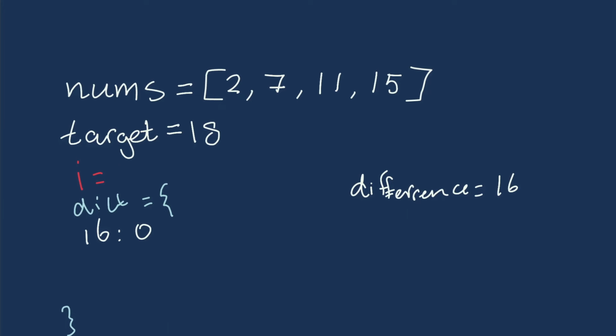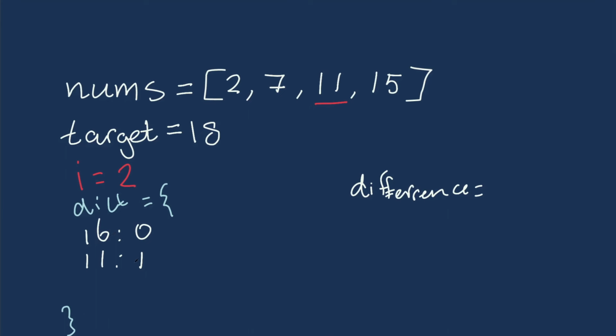So now we are at index 1, which is 7. We calculate the difference again, which is 18 minus 7, which is 11, and we store 11 in our dictionary along with the index 1. And then we continue our iteration, which would be 2. And at this point we are at index 2, which is the number 11, and we check the dictionary.